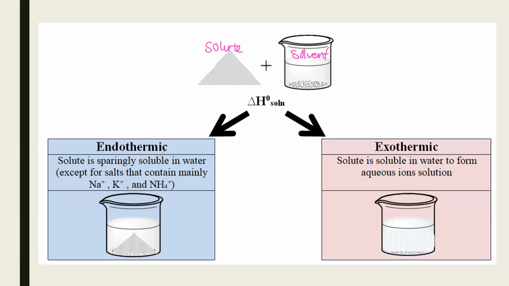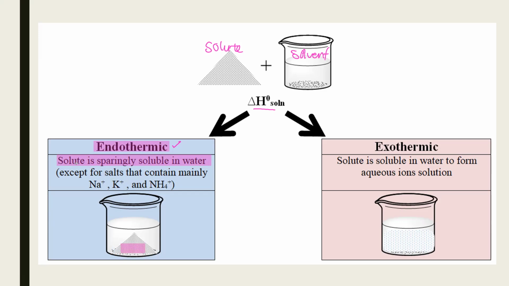If the enthalpy change of solution is endothermic, we describe the solute as sparingly soluble in water. So you are going to see precipitate throughout here.